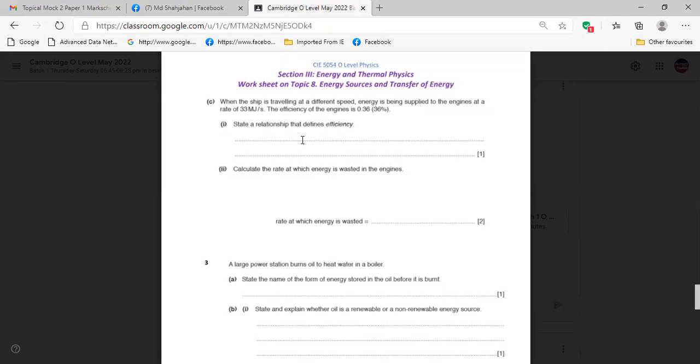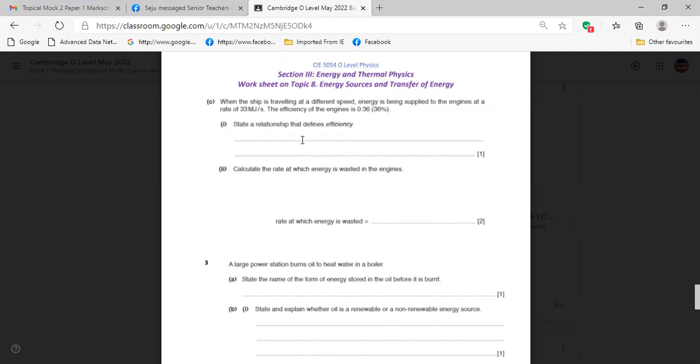And we can also write it with energy, isn't it? We can write efficiency with power, or with energy. So we can write useful power output divided by total power input, or useful output energy divided by total energy input.